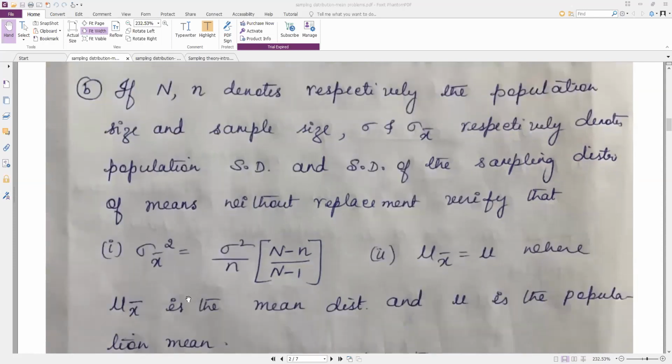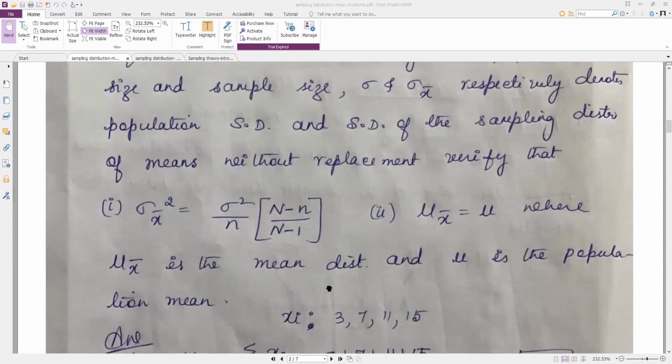Without replacement, then verify that sigma x bar square is equal to sigma square by n into (N minus n by N minus 1) and mu x bar equal to mu. This we know as the condition for without replacement.